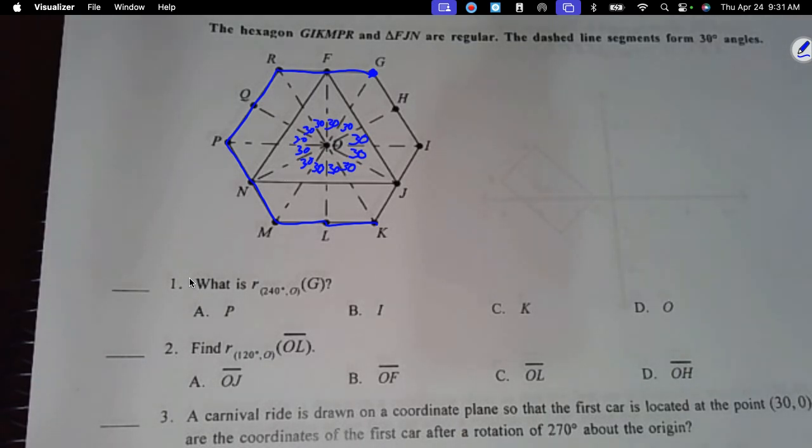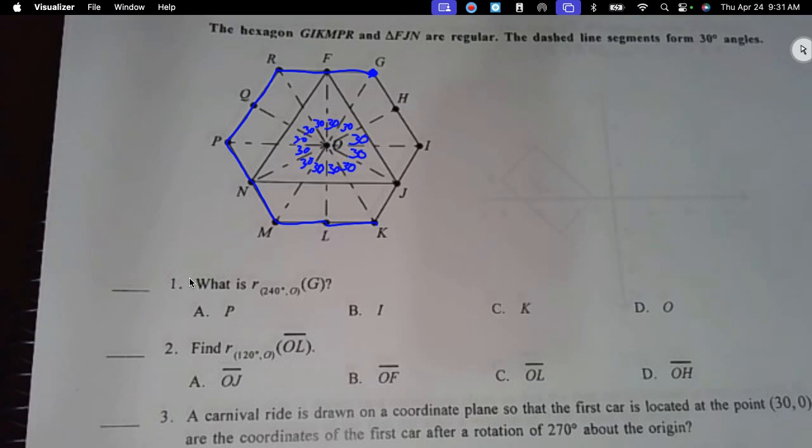Number 2 is the same thing. They don't call it L, they just call it OL, and you rotate it and you just count. Is everybody good with that? No? What aren't you good with? If you start at G and you're counting by 30, trying to go 240 degrees: 30, 60, 90, 120, 150, 180, 210, 240.